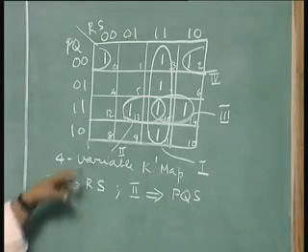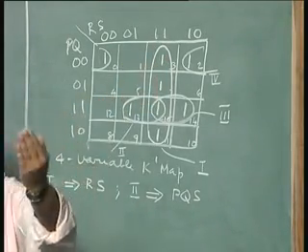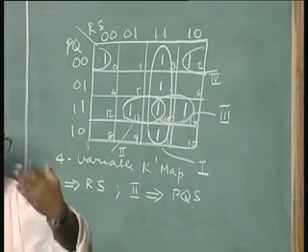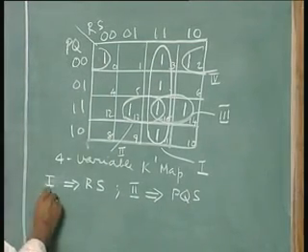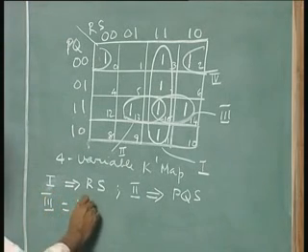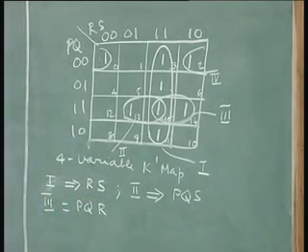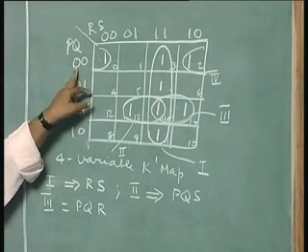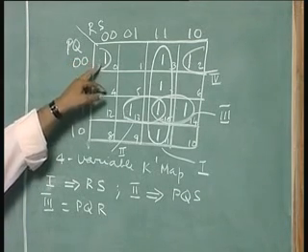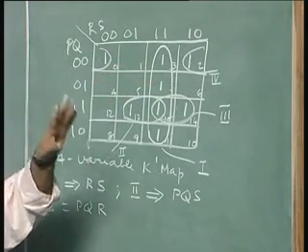3, same argument: PQ, R remains 1, S changes from 1 to 0, S gets knocked off, R remains. So 3 is PQR. Finally, the fourth one: P, Q are 0, 0, R is 1 here, R is 0 here, R is 1 here, so R gets knocked off, S remains 0.